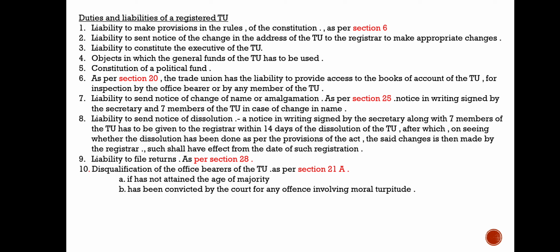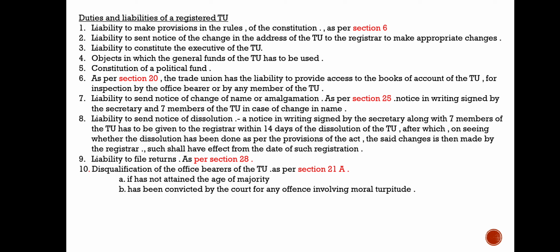We have seen that. And as per section 21A, some people cannot be appointed as an executive. That is a person who is under the age of 18 years, and persons who are convicted by any court within the territory of India for moral turpitude. Under these reasons, a person cannot be made an executive. This is in section 21A.